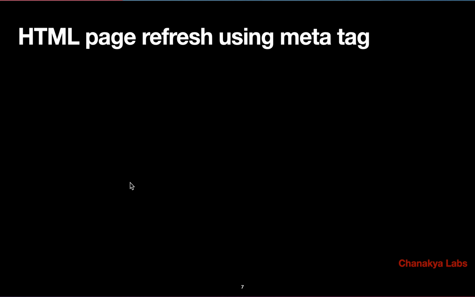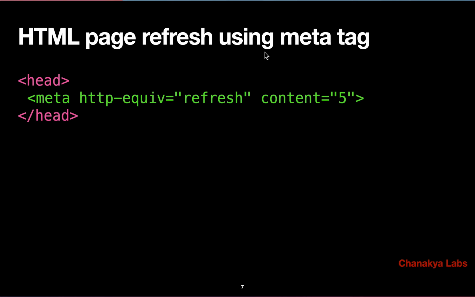This we understood. One last thing I wanted to mention in the meta tag is something called http-equiv, I think it is short for HTTP equivalent. When we give refresh as its value, and then we give content equal to some number, it means that my page is going to keep refreshing after that many seconds.